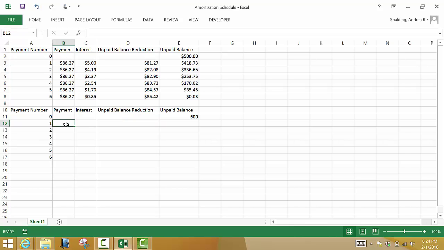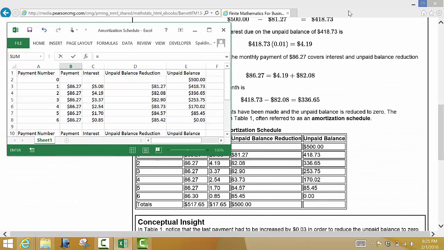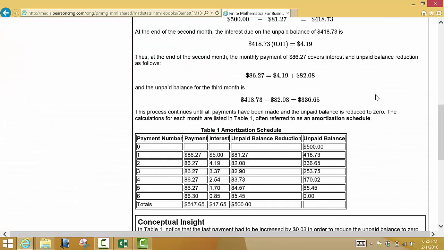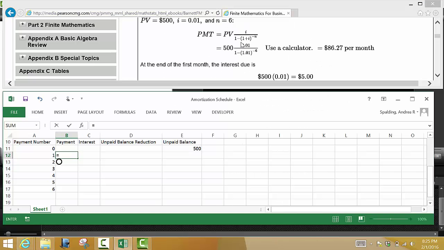In order to enter this into Excel, you have to hit equals. That's how we do our formulas. Let's take a peek again at what that formula was. So we put equals, and we have the present value, so that would be $500. I'm going to hit the asterisk symbol to multiply by our 0.01, and then I'm going to say divided by.